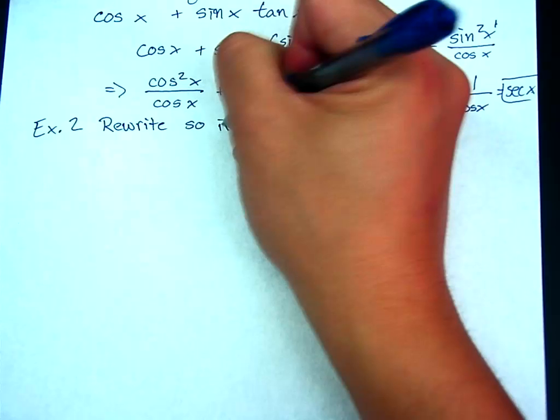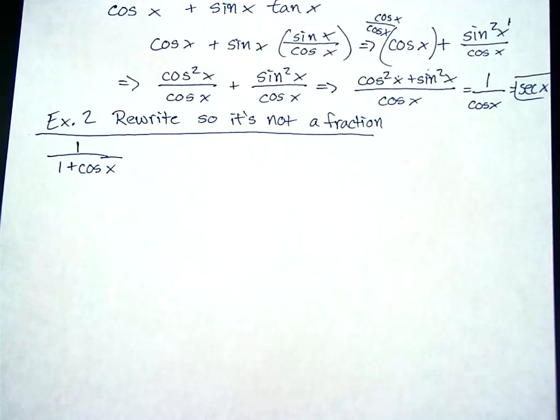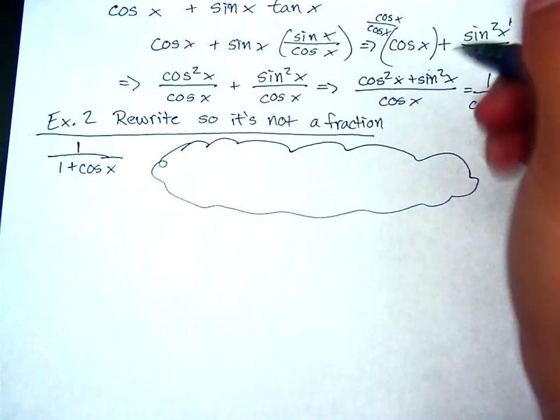This one's a little more difficult to work with because you have to have an understanding of the trig identities. In this case, we're going to go back to that same one from earlier, cosine squared of x plus sine squared of x equals 1.